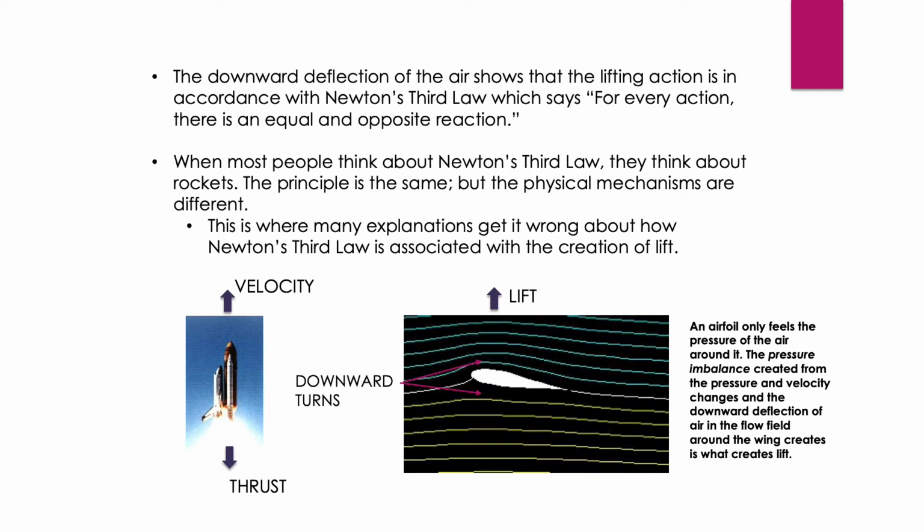And the problem is, and we'll talk about how we got here, a lot of things you'll see that are trying to explain how Newton's third law actually works with a wing will start talking about air deflecting on the bottom and then hitting the airfoil, and the airfoil bounces up like the air is bullets, and it's not.